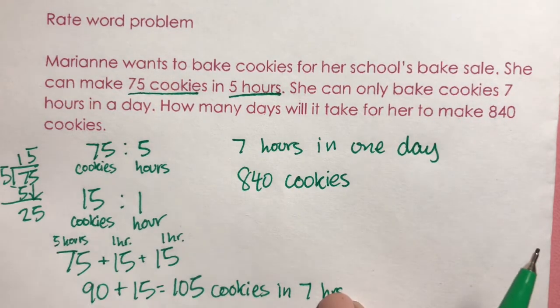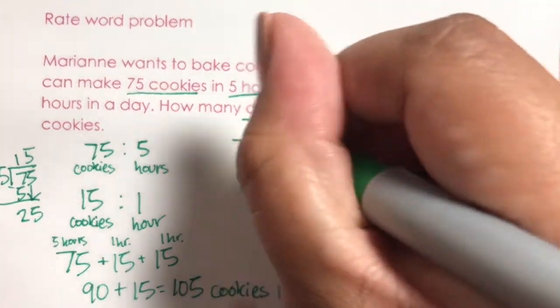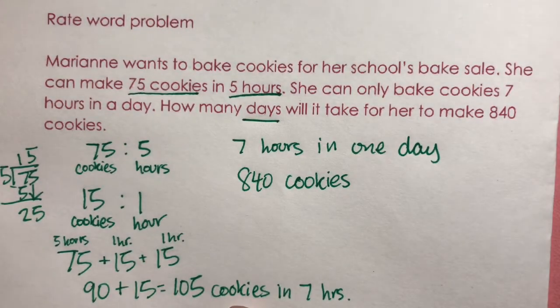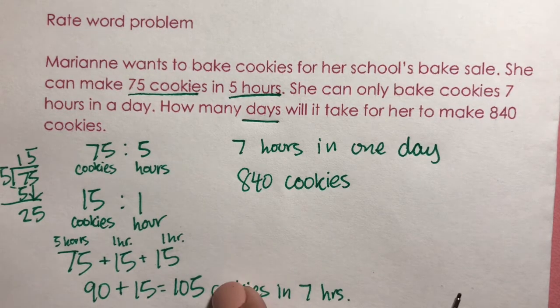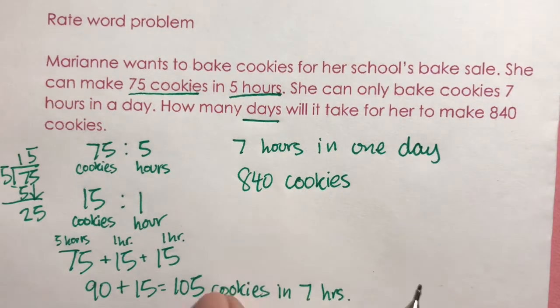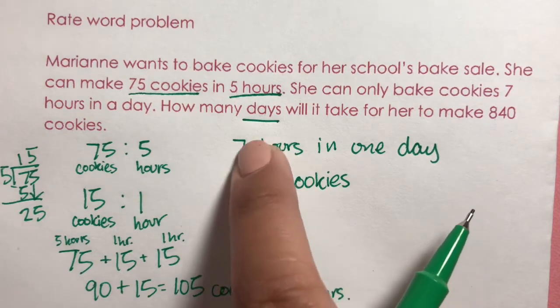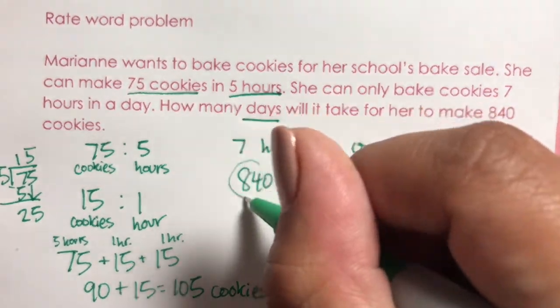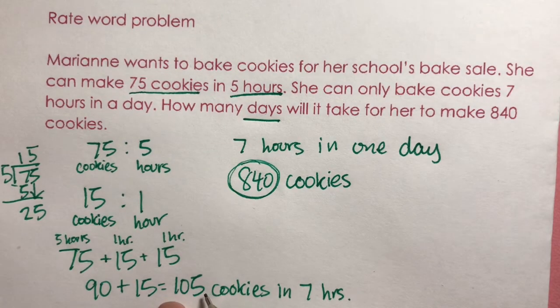If that's the amount of time she can bake in one day, and they want to know how many days it will take her to make 840 cookies, we just have to divide 840 cookies by 105. This is the amount she's trying to bake, and we know she can bake 105 cookies in one day.